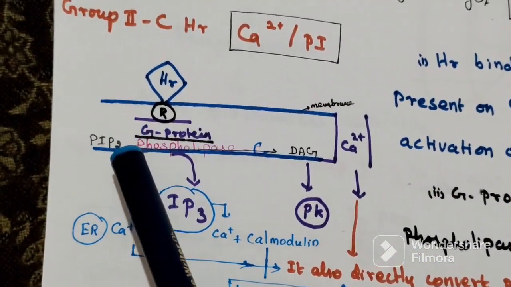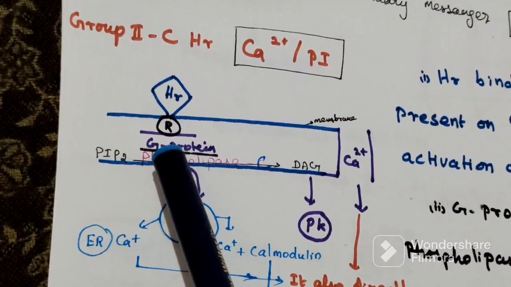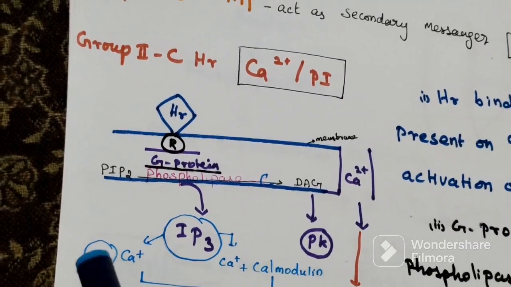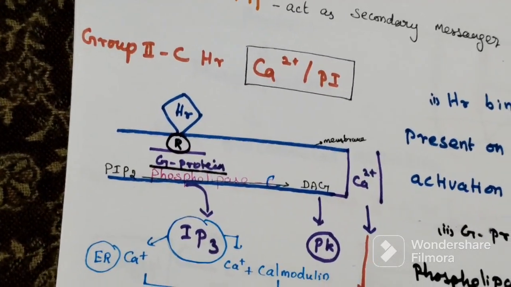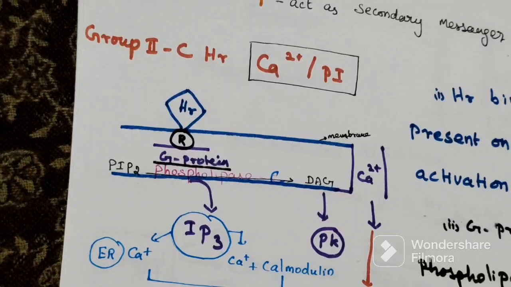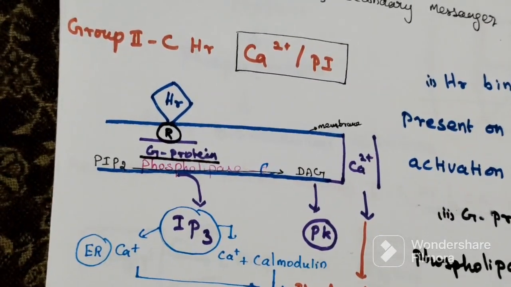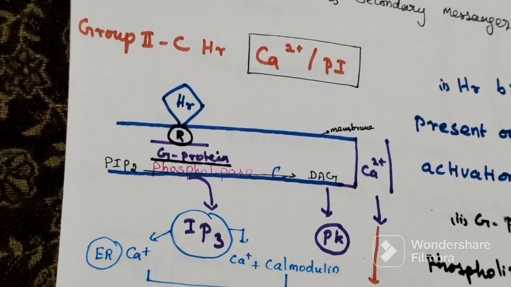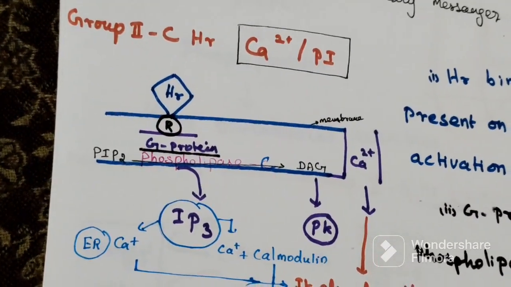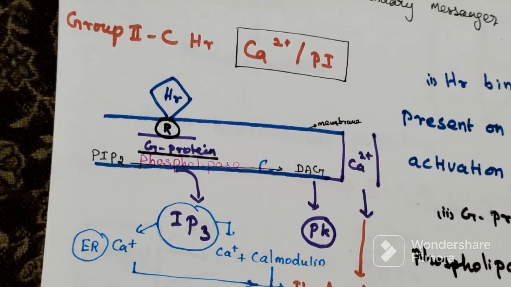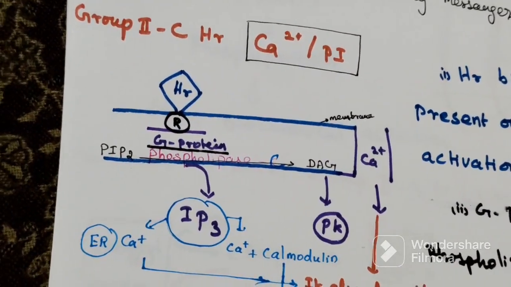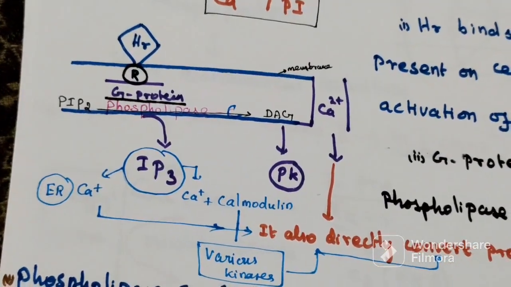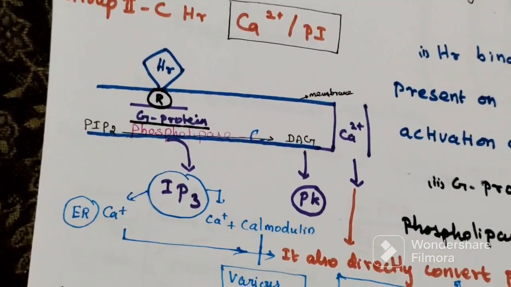So the hormone binds with a receptor and activates the G protein. The G protein activates the phospholipase C enzyme. Now this converts phosphatidyl inositol bisphosphate to diacylglycerol and inositol triphosphate. The diacylglycerol will activate protein kinase enzyme. The G protein also increases calcium movement.